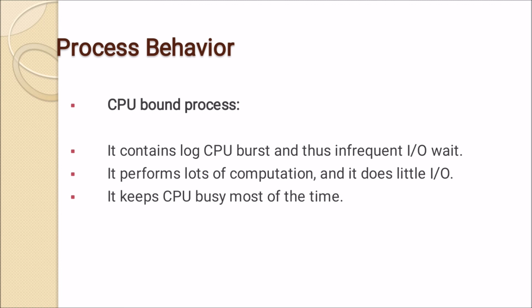A CPU bound process contains a long CPU burst and thus infrequent IO wait. It performs lots of computation and little input output operation, so it keeps the CPU busy most of the time.